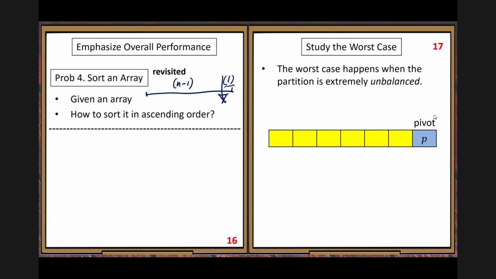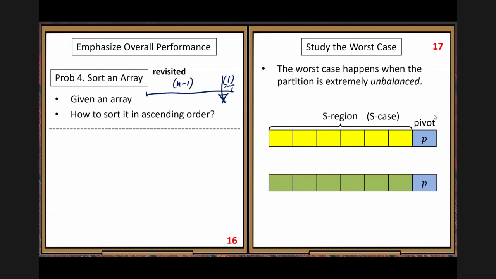So we modify our understanding a little bit. Either all the remaining elements are in the S region, or, other than the pivot element, in green color, the L region.